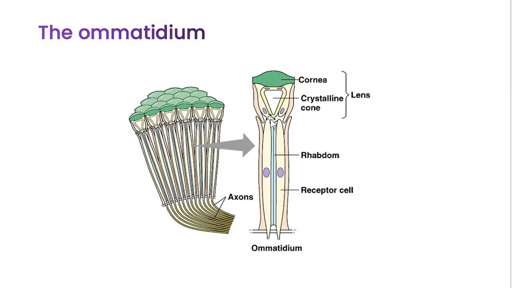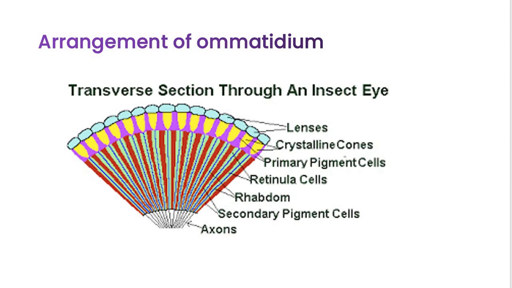Now structurally, this is the detailed structure or arrangement of ommatidia. If we take a transverse section through the eye of an insect, we can visualize the detailed structure of the eye.